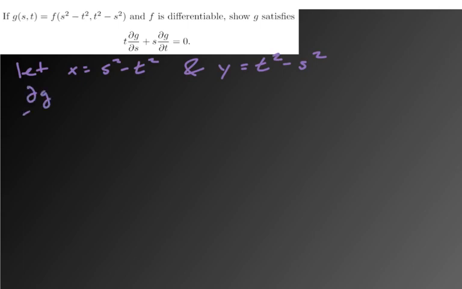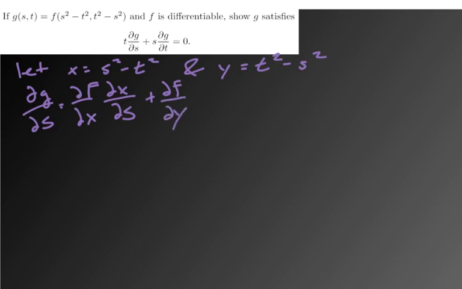So partial of g with respect to s would be partial of f with respect to x now times x with respect to s. And then we're going to add to that partial of f with respect to y this time, and then y with respect to s, okay? And so partial of f with respect to x, we don't really know because we weren't given what it is specifically, right? It's just that f is differentiable.